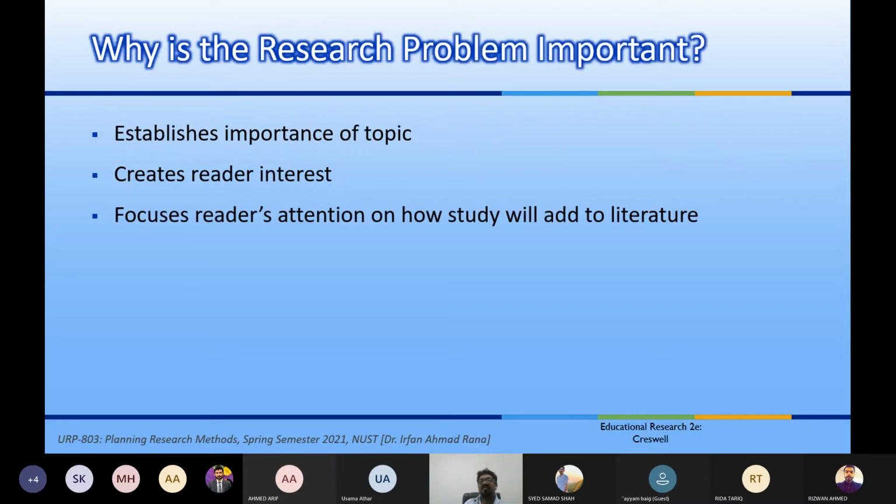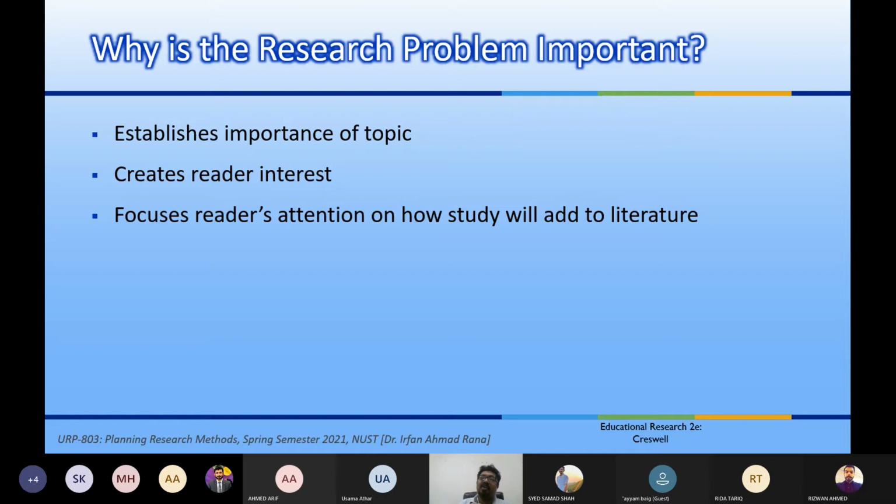Okay, again, the research problem really validates your topic. The topic you are doing, is it worthy of investigation or not? It helps you pinpoint and justifies picking your topic. One more thing: the problem statement and your research questions are very much similar.